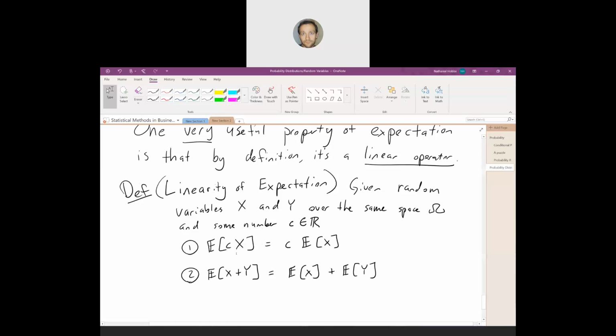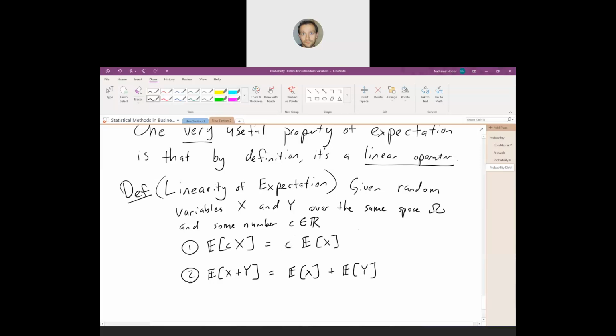So instead of getting a 1, 2, 3, 4, 5, or 6, I'm going to get a 10, 20, 30, 40, 50, or 60. And the expectation is 35. It's the expectation 3.5 times the number 10. You can prove these things. I mean, 10 times 1/6 plus 20 times 1/6 plus 30 times 1/6, all the way up to 60 times 1/6. You calculate it and you'll get the number 35.